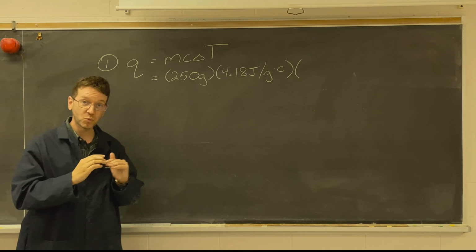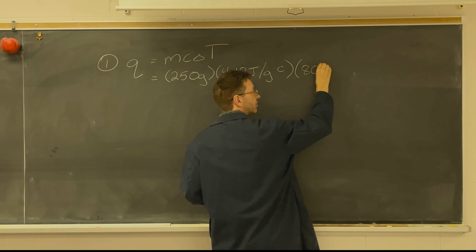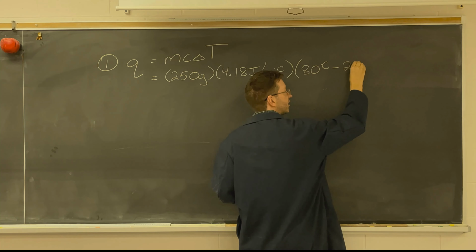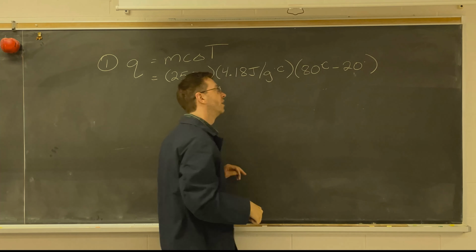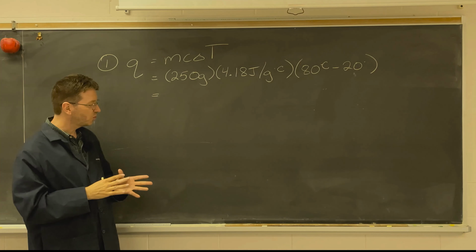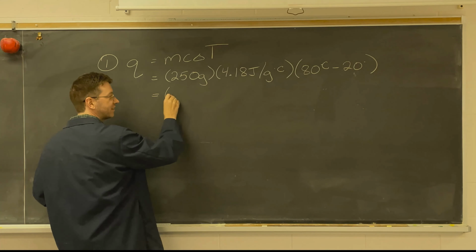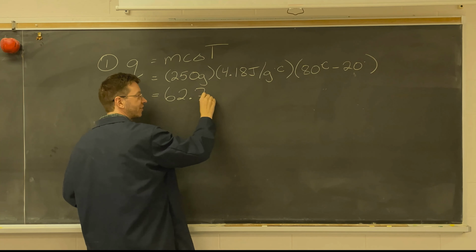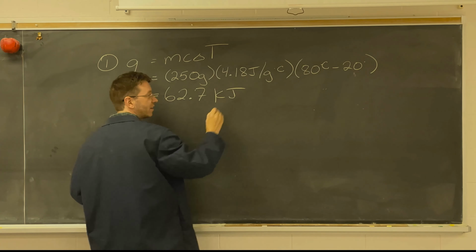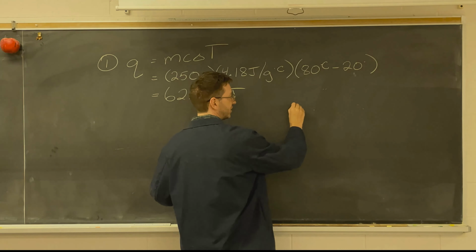And we went from 20 degrees to 80 degrees, so final temperature, 80, minus initial temperature, 20. So if we throw this into our calculators, we get about 62,700 joules. If we divide by 1,000, that's 62.7 kilojoules of energy.